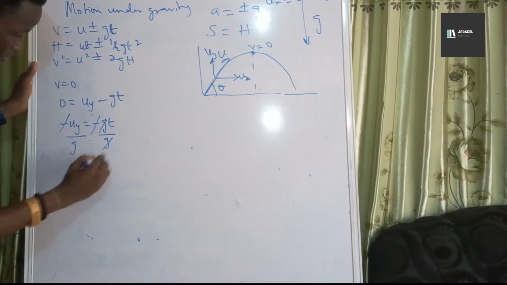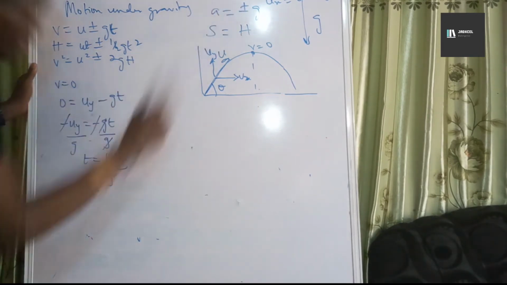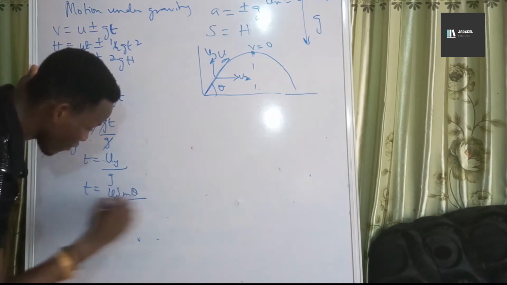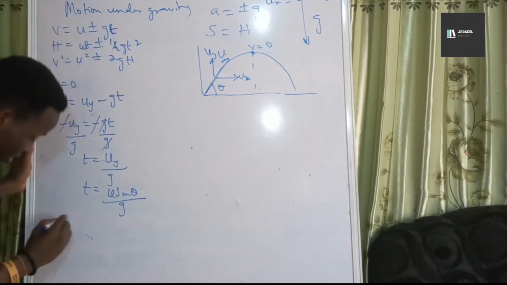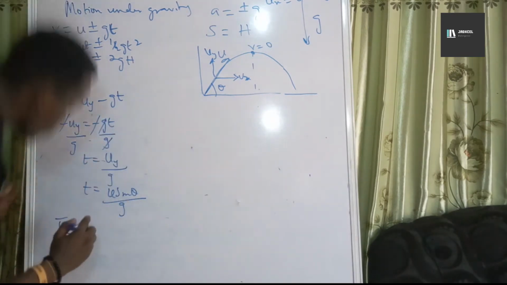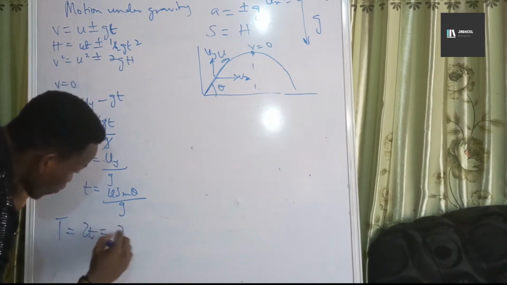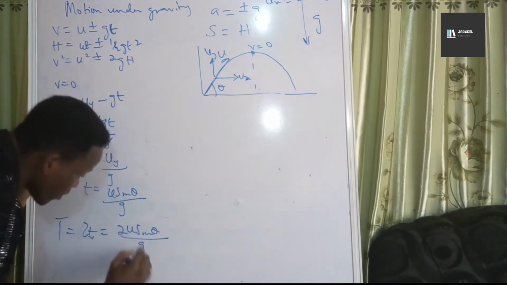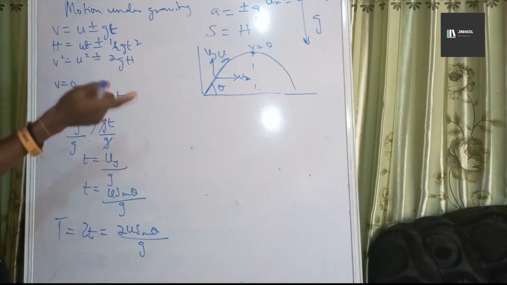So my t will be equal to uy over g, and my uy is u sin theta, so t is u sin theta over g. Since our time of flight, big T, is equal to twice this one, so we have 2t, and that's equal to 2u sin theta over g.